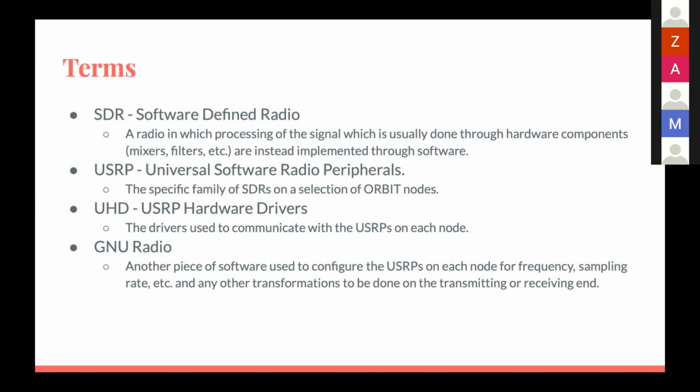UHD stands for USRP hardware drivers. These are just the drivers we use to communicate with the USRPs on each node. And finally, we have GNU radio, which is another piece of software that we use to configure the USRPs on each node for transmission frequency, sampling rate, gain, etc. Or if we need to perform any transformations on the transmitting end or the receiving end of the signal, we can do that through GNU radio as well.